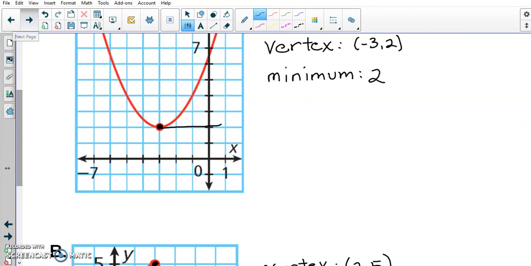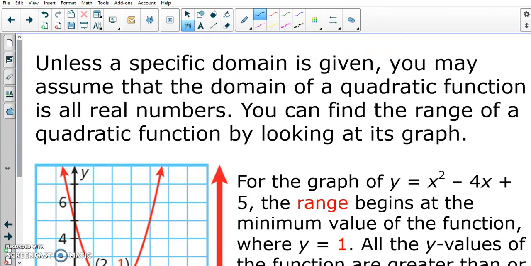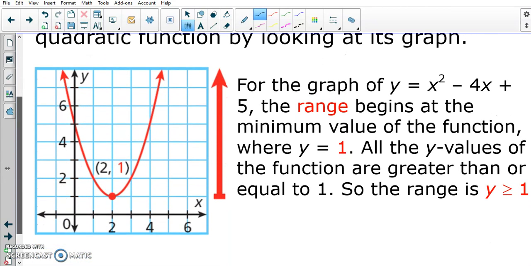Okay. Domain and range is also involved with quadratic functions. Remember your domain. Think x coordinates. Those are all the x values that we can plug into the graph or that show up on the graph. Your range is all the y values.